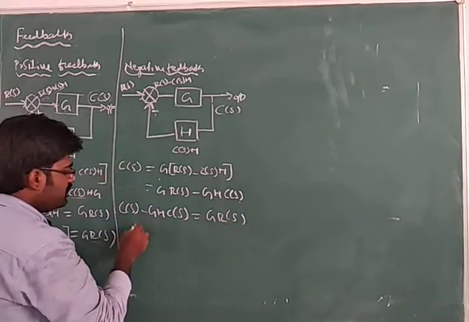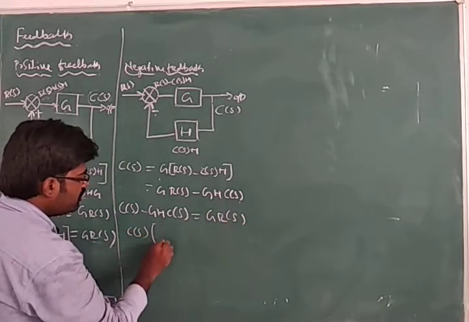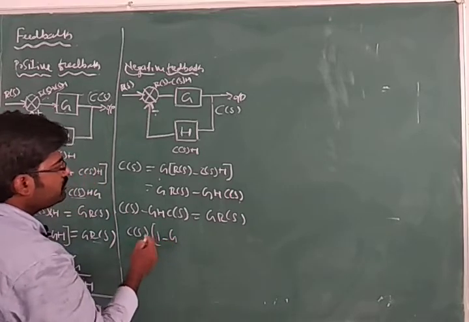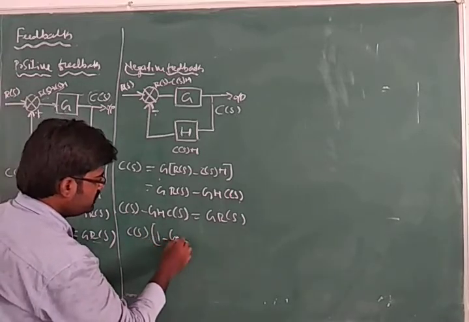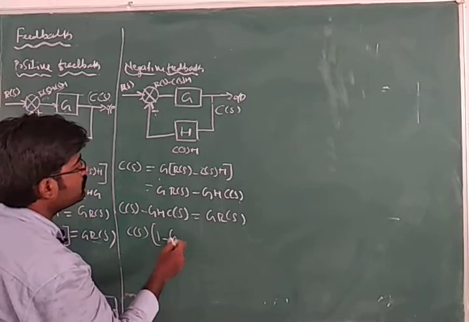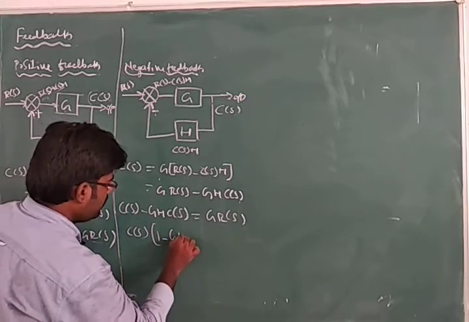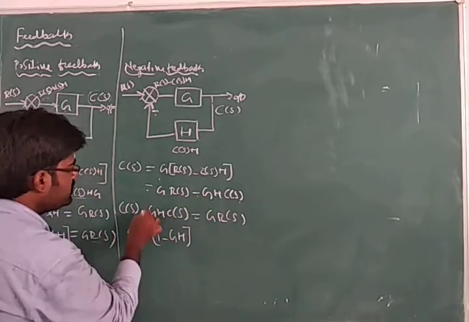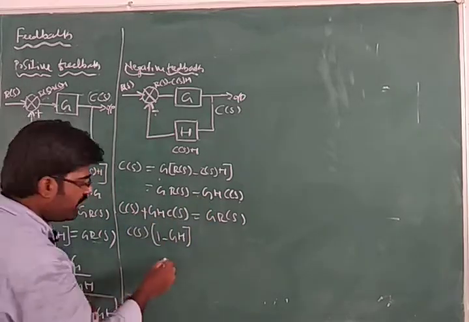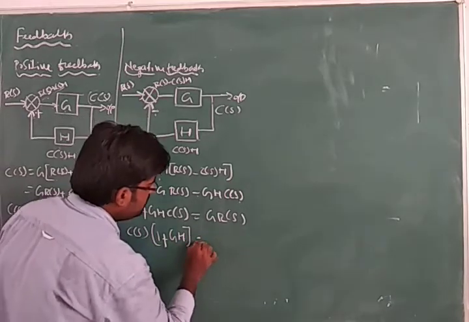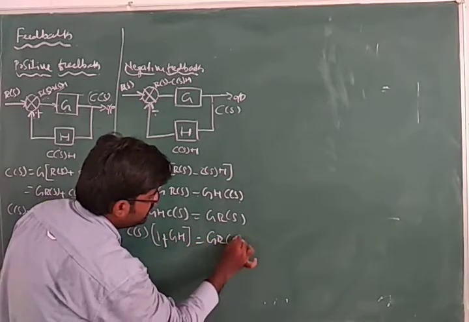So here take c of s common: 1 minus g into h, sorry, this is minus, and this becomes plus after coming to the left hand side. So this is c of s into 1 plus gh, which is equal to g into r of s.